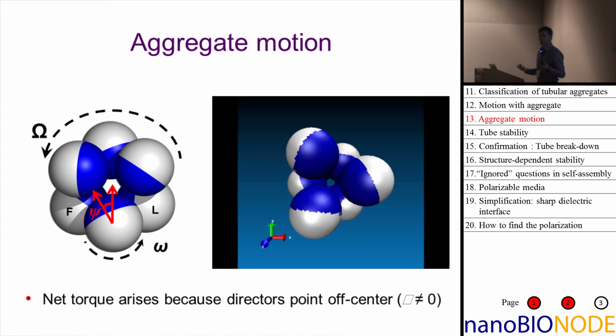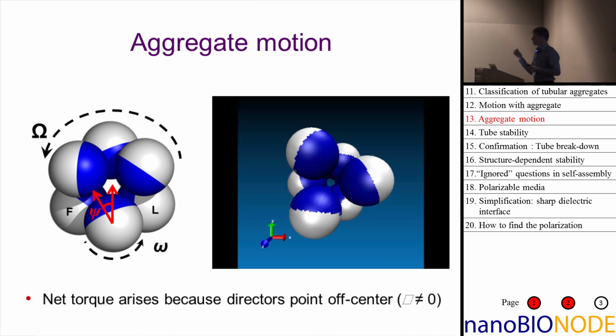But why would the tube rotate? That's only possible if there's a global torque on this cylinder. You get that torque by having this particle not facing toward the center, but slightly off. That leads to a net magnetic moment of the whole cylinder, which then is dragging the cylinder around as the magnetic field rotates.